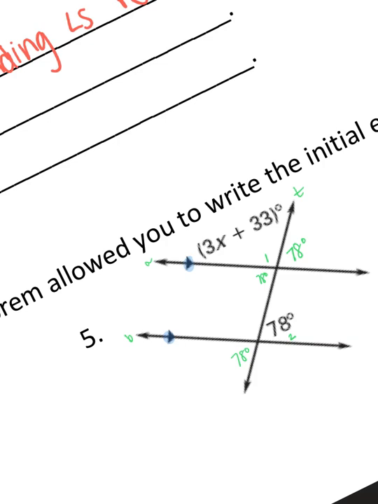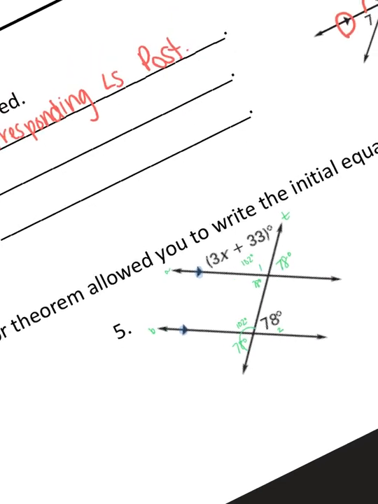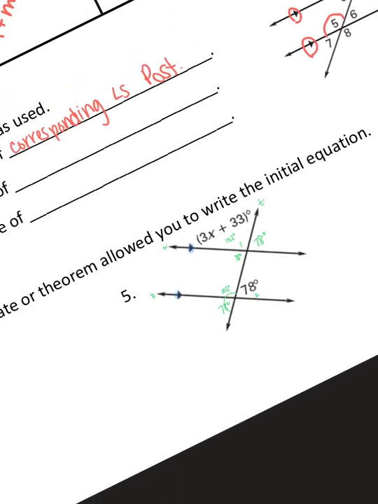And then we can use the linear pair postulate. We know that any two adjacent angles, like these two, have to add up to 180. So 180 minus 78 means that this is 102. And if that's 102, then angle 1 is also 102 degrees by corresponding angles. So it's a little bit of a puzzle, but it's not too bad.